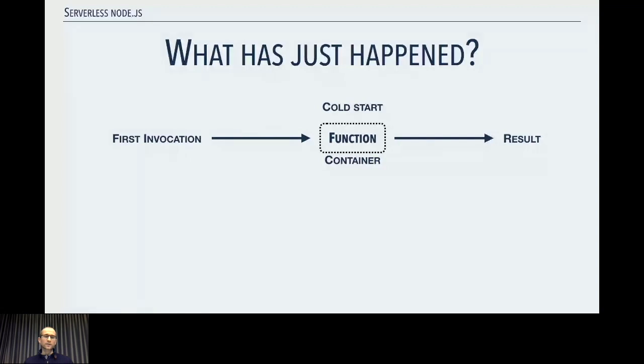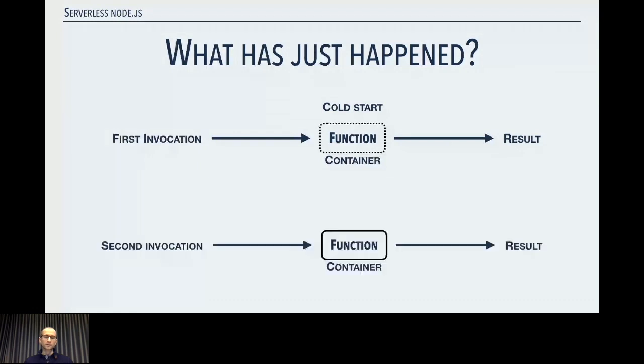After it started and processed our code, we get a result. But later, if we execute our function more times, that micro virtual machine is up and running, and it will result in getting our result faster, because our provider does not need to run that virtual machine once again.